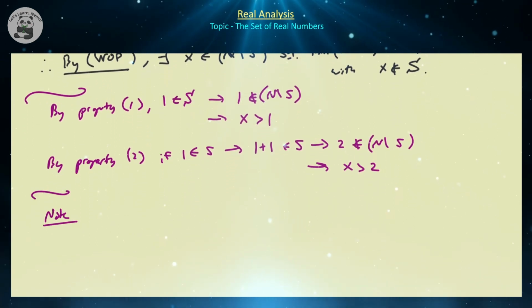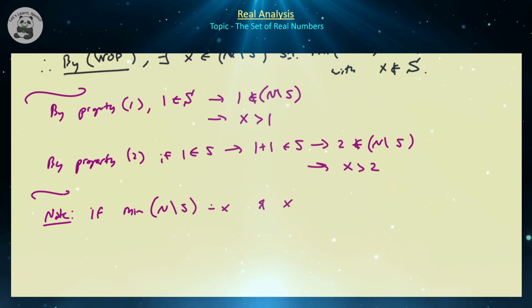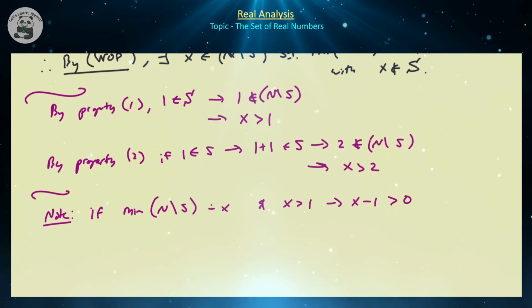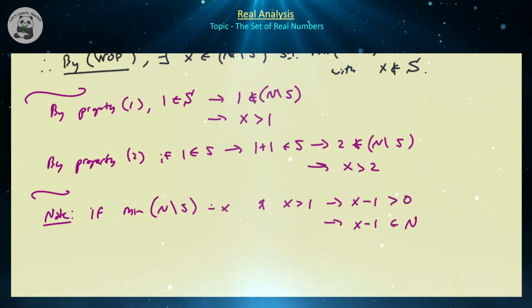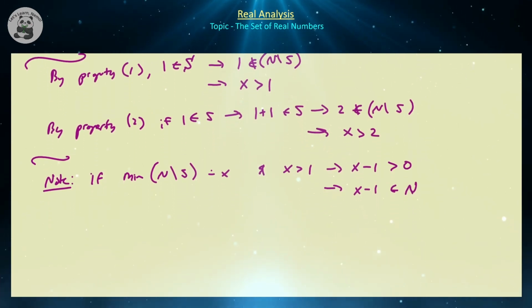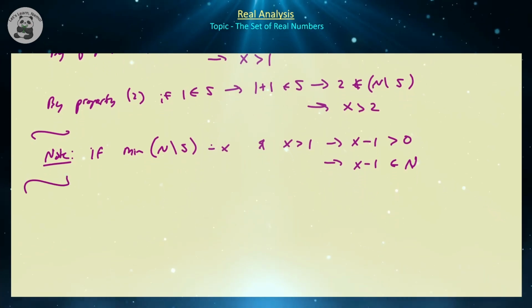And I just want to make a quick note here that if the minimum of N take away S is equal to x, and x is greater than 1, then x minus 1 will be greater than 0, which means x minus 1 must belong to the set of natural numbers, because x is not equal to 1. That much is guaranteed, right? So with these little observations, let's define a new number.